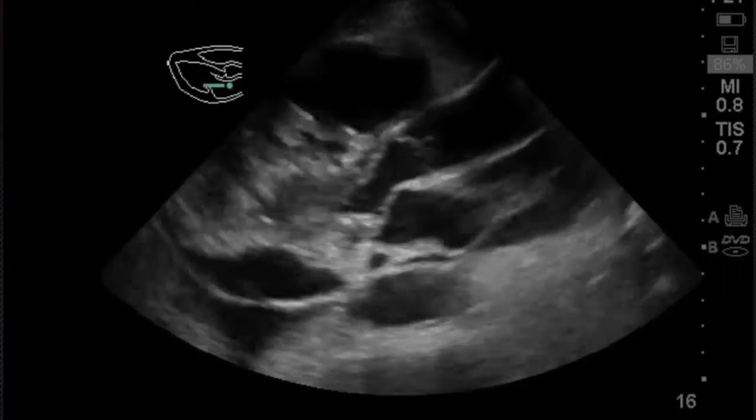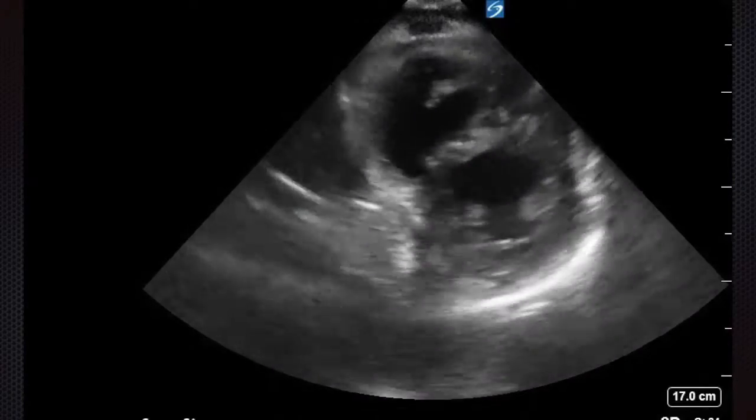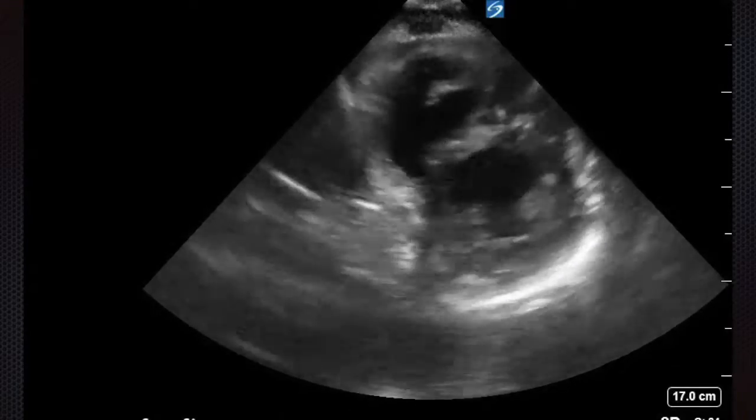So remember, pericardial fluid above and to the left, pleural fluid below and to the left. Now, if we cut around into our short axis views, you can often see fluid around there too. So you can see just around certainly the posterior and inferior part of the heart while it's beating, there is a little black rim around there, and this is a small pericardial effusion.